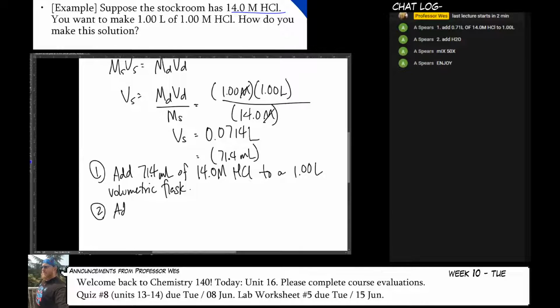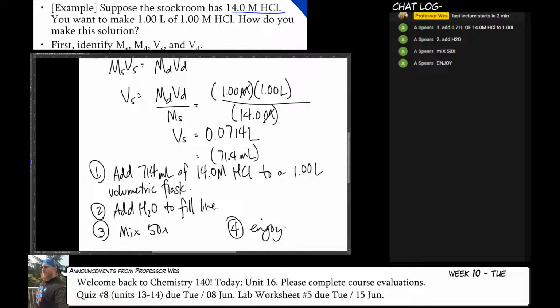Step 2 is to add H2O to the fill line. You can see the answer coming in on the side there. Then mix it real well and enjoy. So there you go. That's how you make this solution.